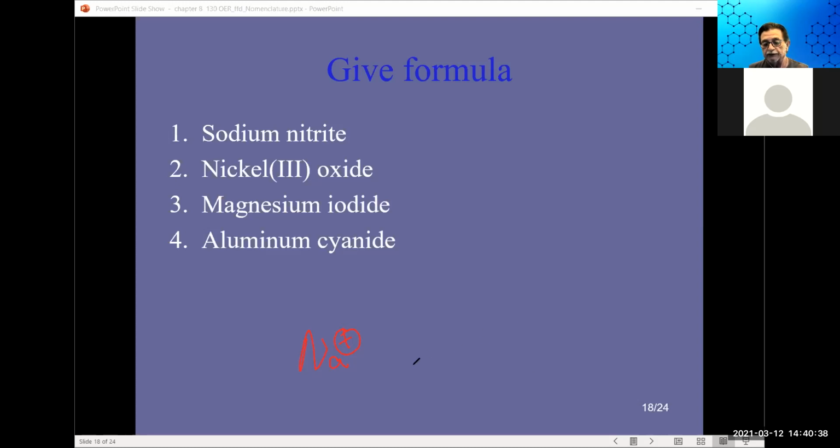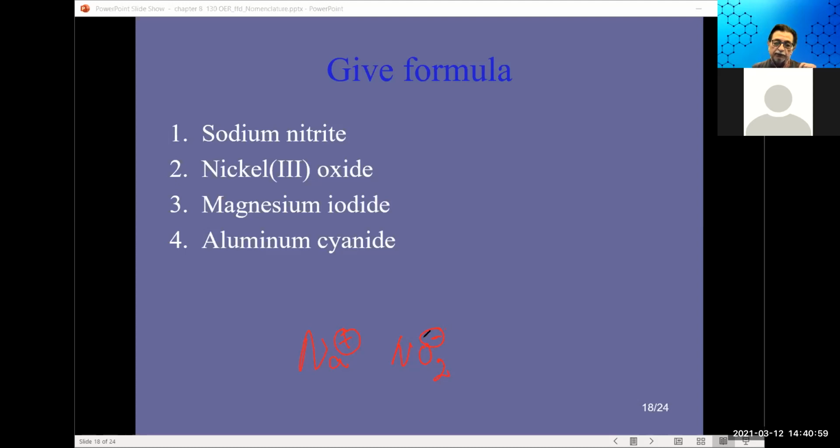So the first one, we got sodium and nitrite. Now you might be tempted to put a nitrogen, but it's not nitride, IDE, it's ITE, which is the NO2, which is a -1, okay?